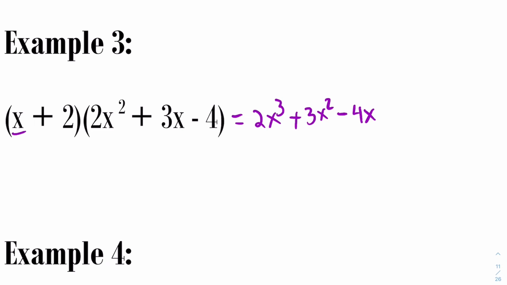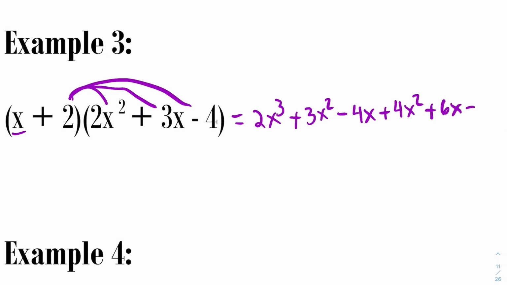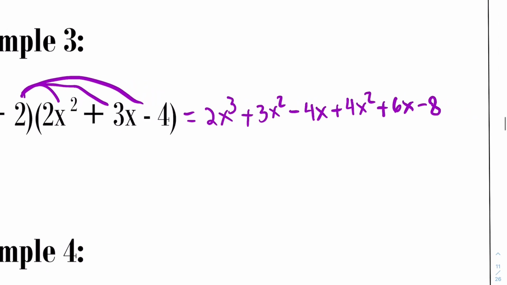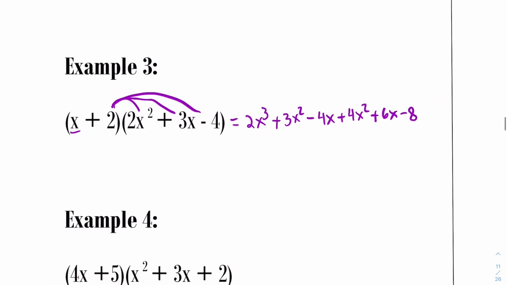Now, we're going to take the 2, and it's going to multiply each part. 4x squared plus 6x minus 8. This is actually my favorite way to multiply these things, because if we start with the first one and multiply it to everything, then it kind of just keeps your head with the same mindset.